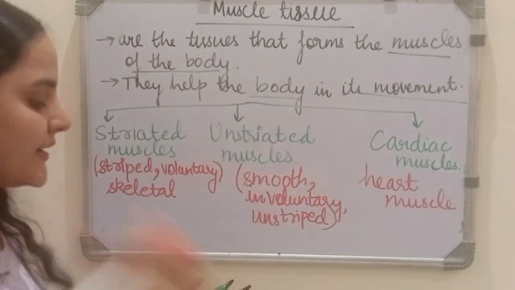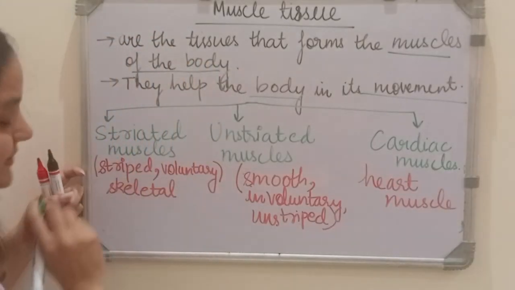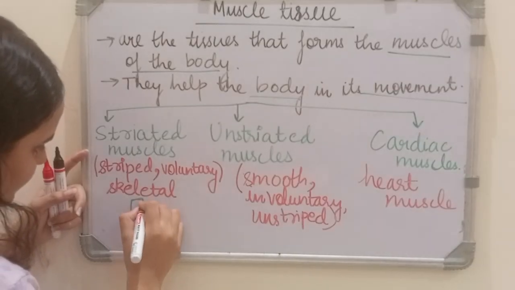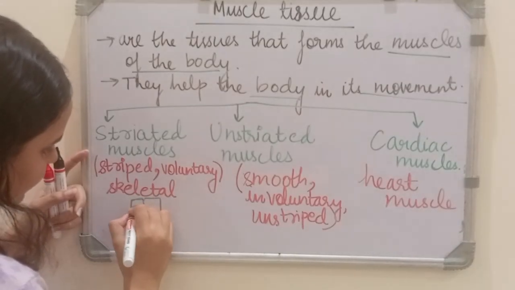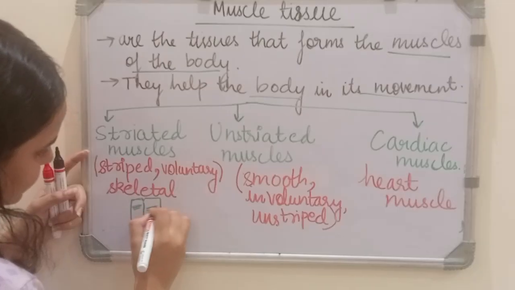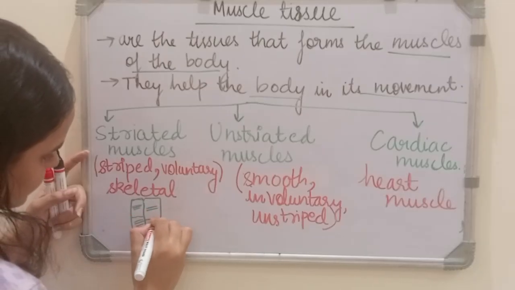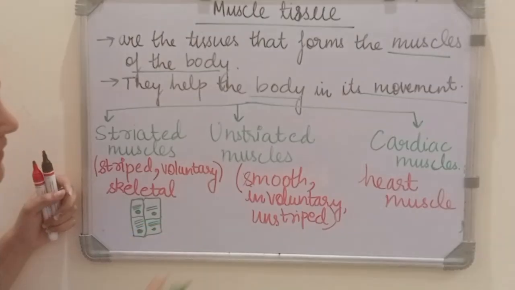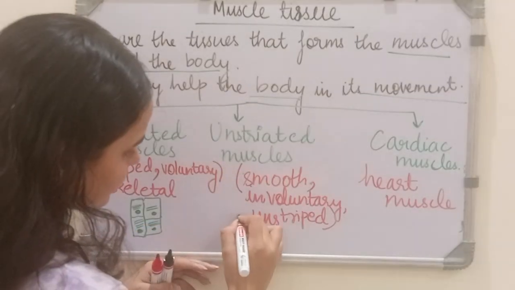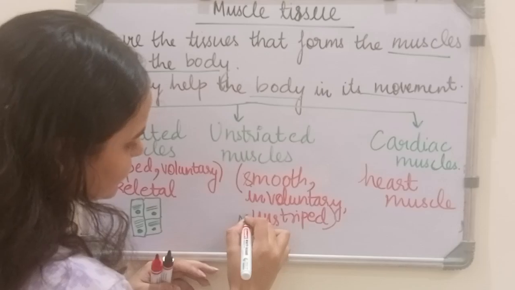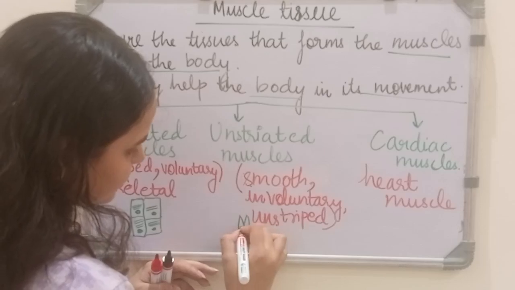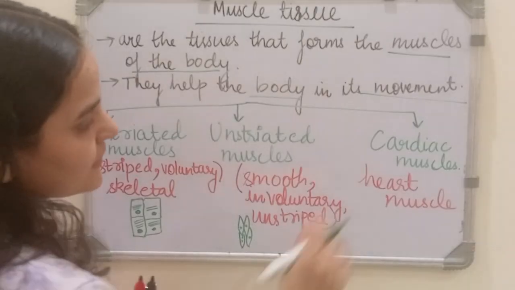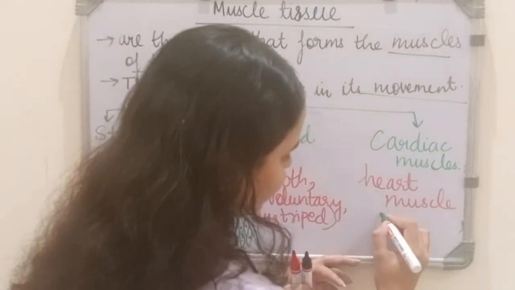Now let's draw the diagram also. So this is how striped muscles look. You will see these stripes present on the muscles. This is the nucleus. Okay. Now let's draw smooth muscles. They are smooth because they don't have stripes present. So these are the smooth muscles. Okay. Now let's draw cardiac muscles.